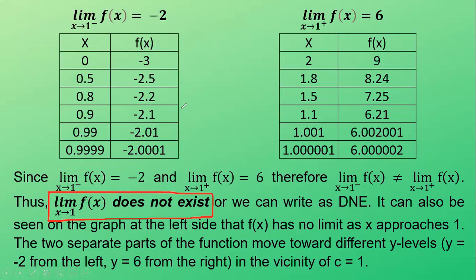Okay, so pwede na ang answer na lang ay ganito po. Limit of f of x as x approaches 1, DNE. Understood na po na does not exist yan. So no need to write the equal sign since DNE is not a number.